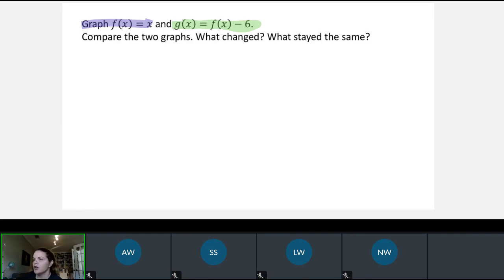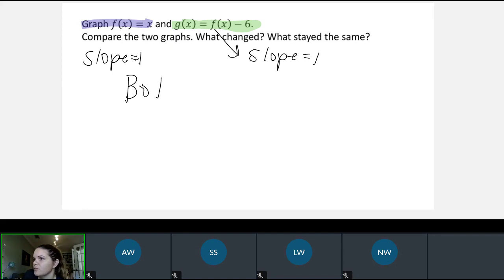Okay, so we know that our original parent function, f of x, has a slope of 1. We also know that g of x, we don't have a number in front of this f of x, so this slope is still 1. Okay. So they still both have a slope of 1.